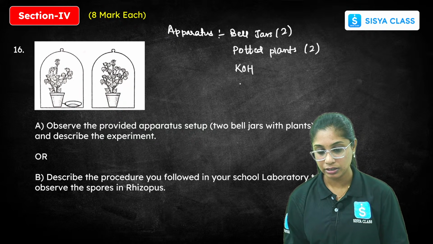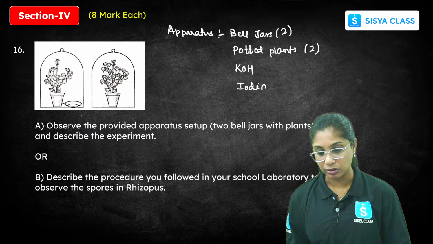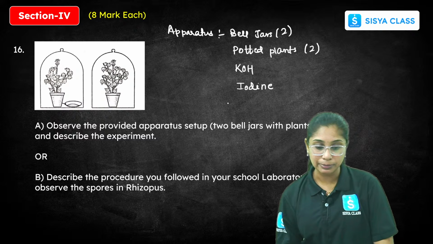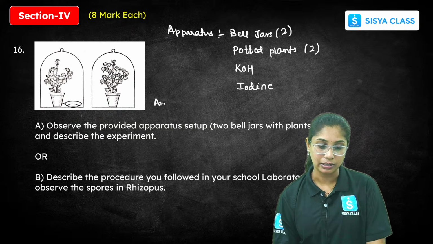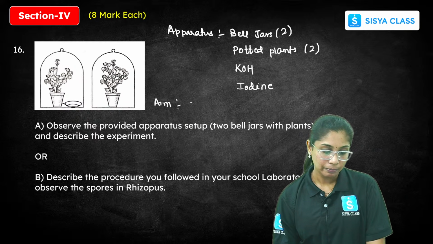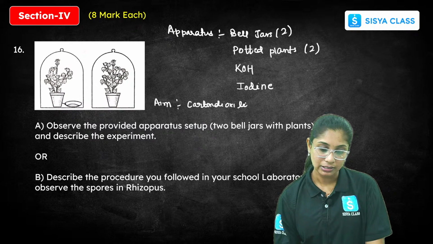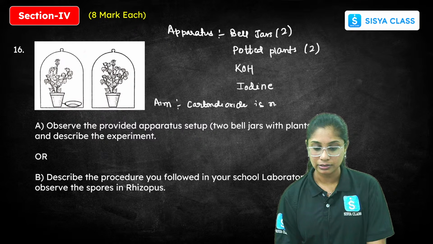Then for the starch test we have iodine. But what is this experiment for? What is the aim here? The aim is to show that carbon dioxide is necessary for photosynthesis.